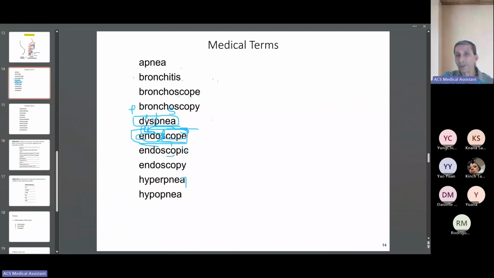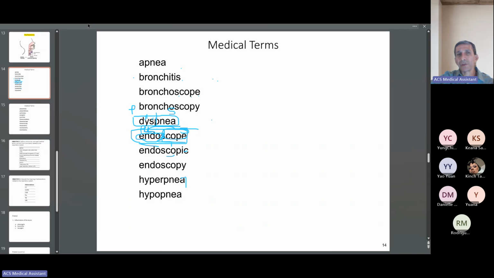So I'm using the scope to check internally where? The bronchus. But here is just a general statement. Endoscope means I'm looking at any hollow space or organ inside our body. If I use it as an endoscope, it means this instrument is used to place it anywhere where there is a cavity that I'm going to look inside.